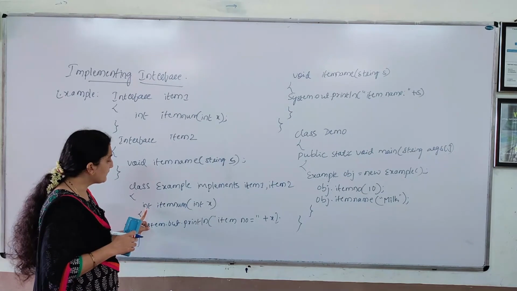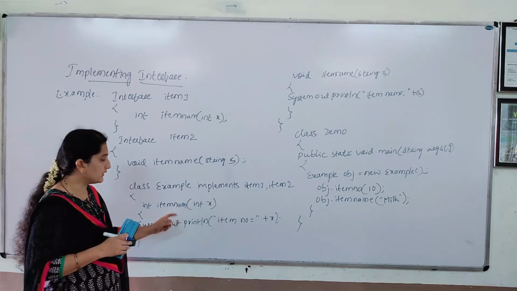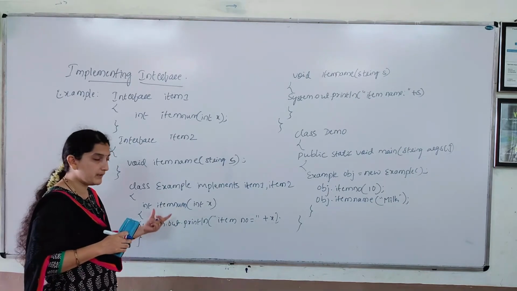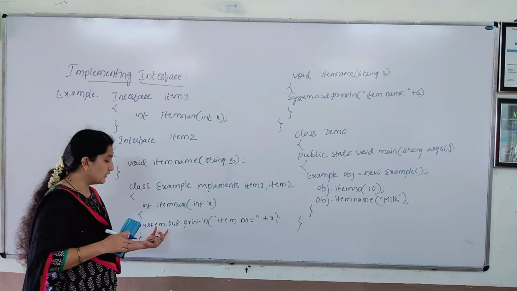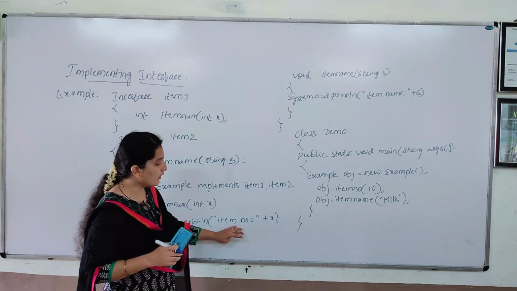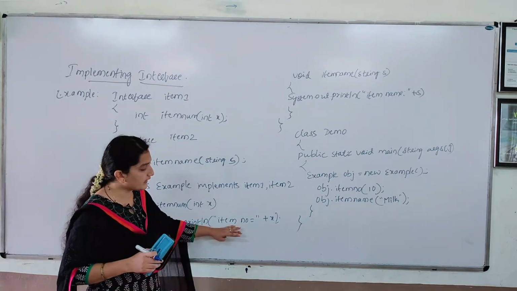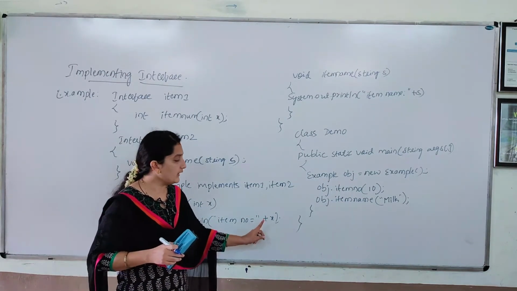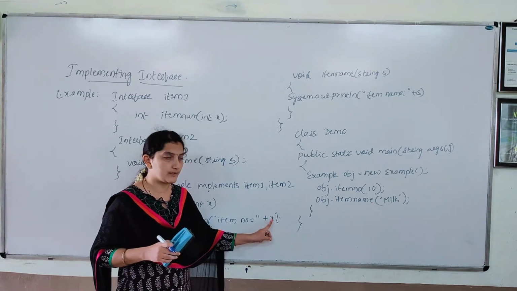So that is why, within the item number method, I have implemented this method by writing one println statement to print the value of item number. When this method executes, it prints item number is equal to, and it concatenates the number of item, that is the value of x.